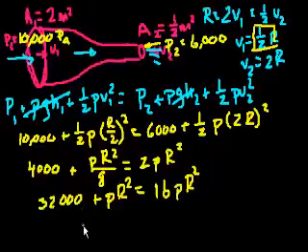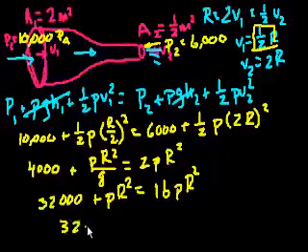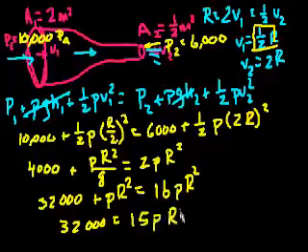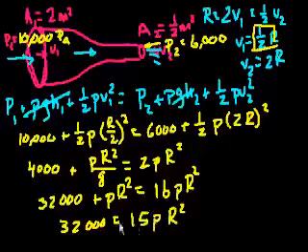And subtract rho R squared from both sides of this equation, we get 32,000 is equal to, well, this is 1 rho R squared and this is 16 rho R squared, so this is 15 rho R squared. And then what's rho? What's the density of water? Well, the density of water is 1,000 kilograms per meter cubed. So let's divide both sides by 15 times rho.